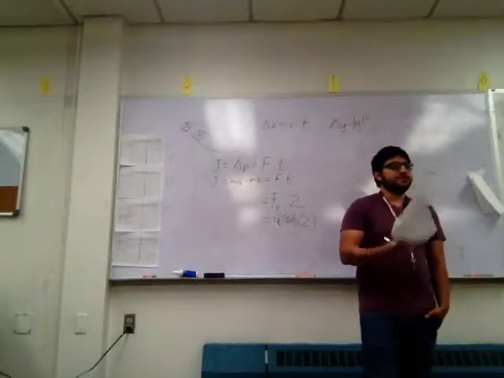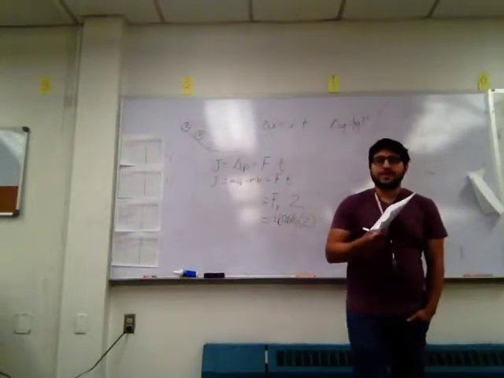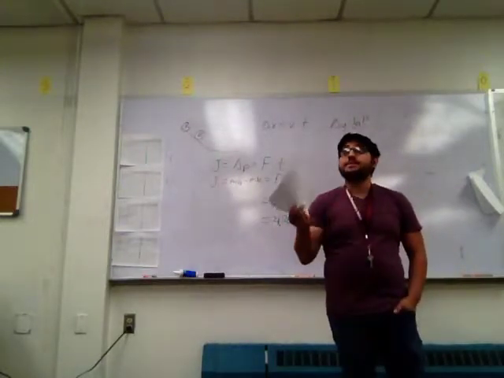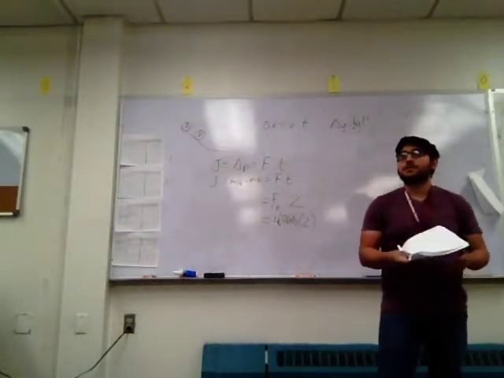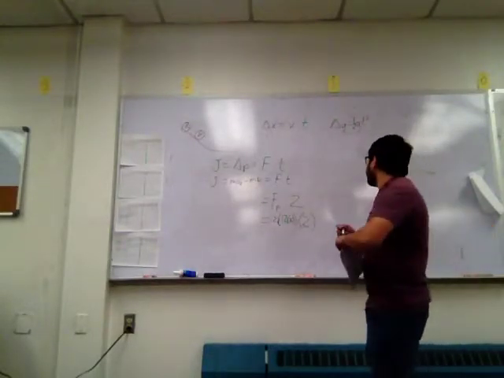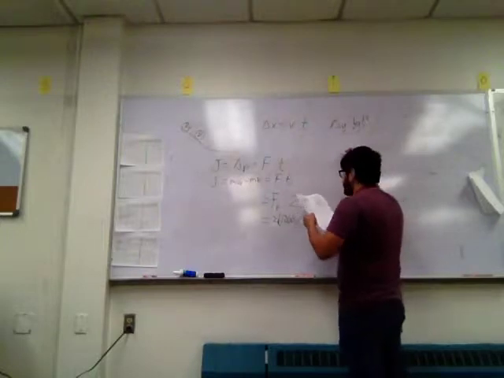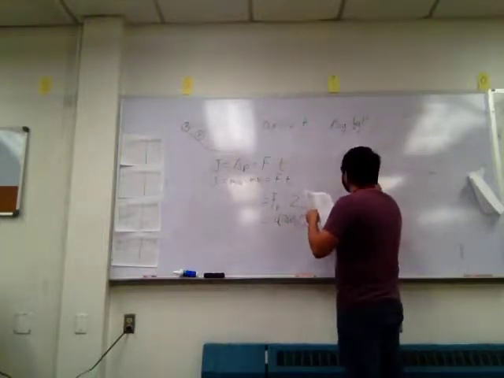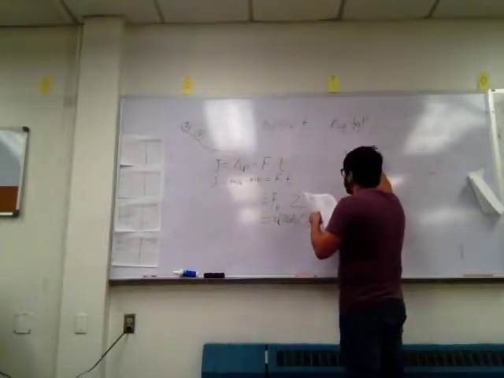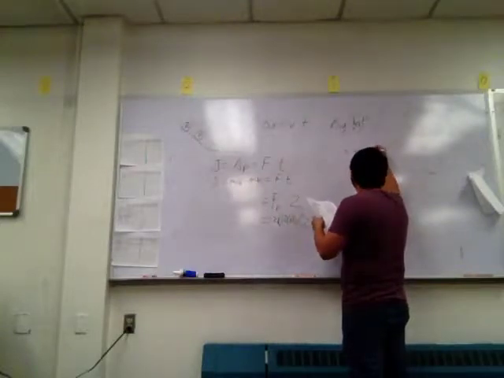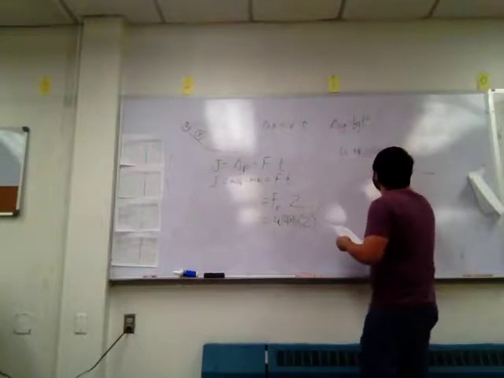So what information do we know right now? At the beginning, so we know mgh at the beginning. So we have 0.2, 9.8, and then 1.5. That's my initial energy, right?